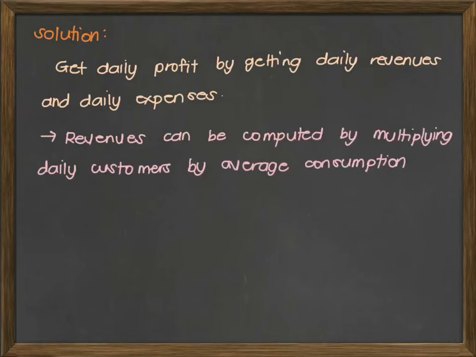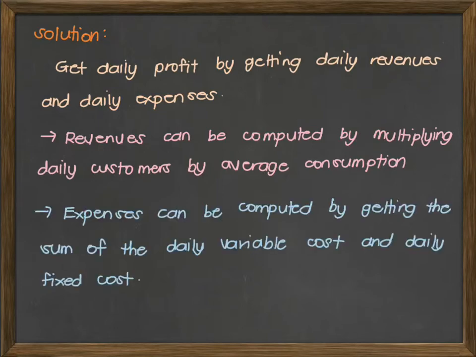Revenues can be computed by multiplying the daily customers by their average consumption. We projected 200 customers per day, and each customer will be paying roughly 150 pesos. The expenses can be computed by getting the sum of the daily variable cost and the daily fixed cost.